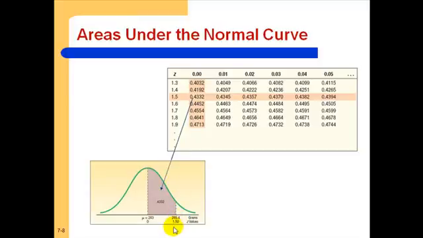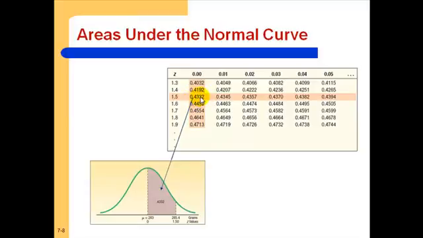So we find the 1.5, then we need to find this 0 here. 1.50, so move horizontally to the column headed by 0.00. Then we get the cross value, 0.4332.